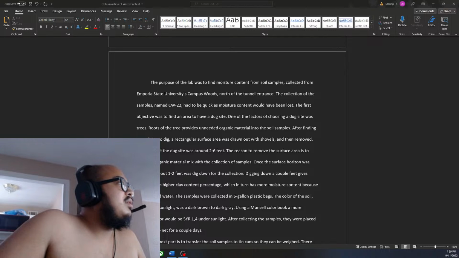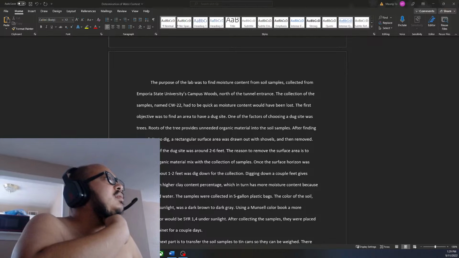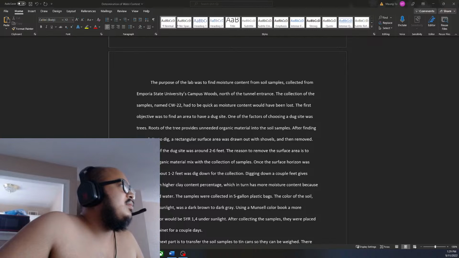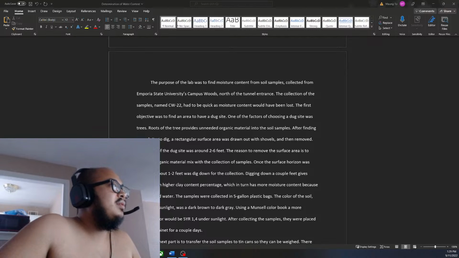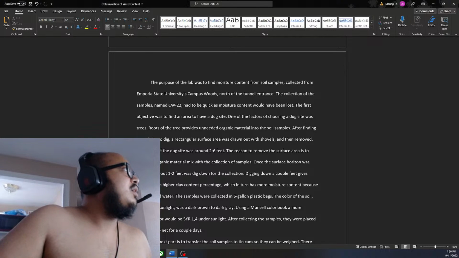Wasn't that much silt in it, though. Okay, I guess it's a very loamy clay.